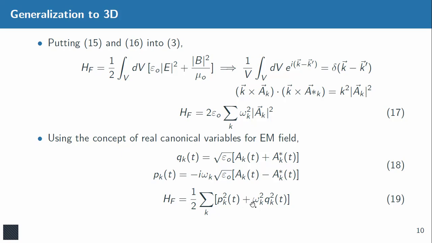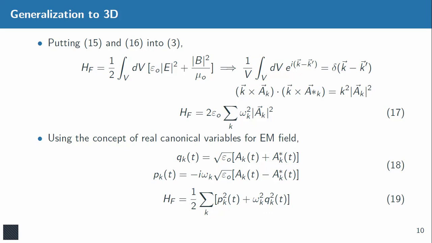We could do it by quantizing the magnetic field or electric field, and as a result we could quantize the energy of the electromagnetic wave, and we will see these implications in a later lecture.